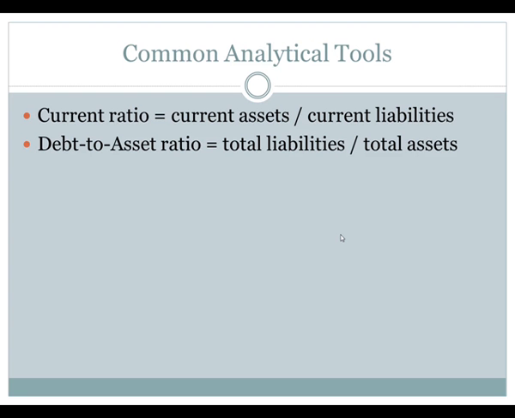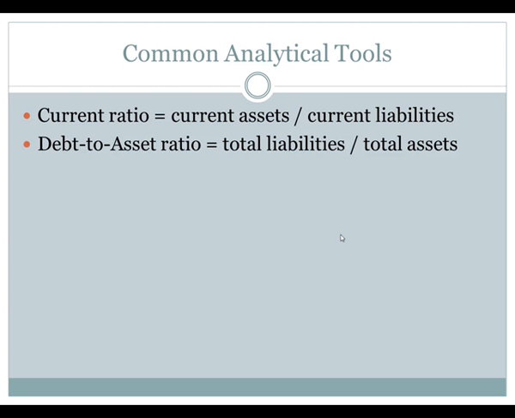If you were to look at some financial statements, you would see current ratios ranging from maybe 0.75 or 0.8 all the way up to 2 or 3 or even 4-to-1, depending on the nature of the entity.